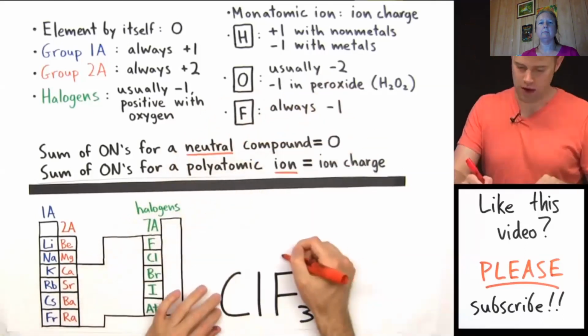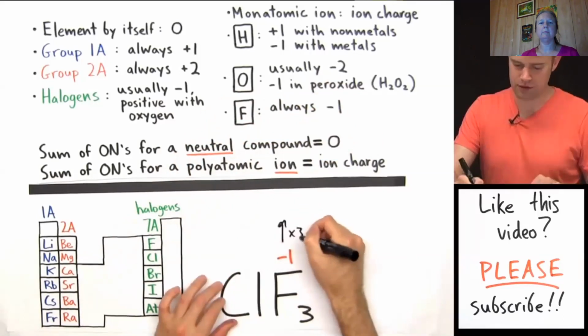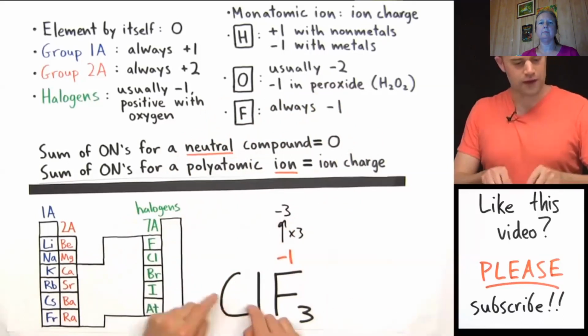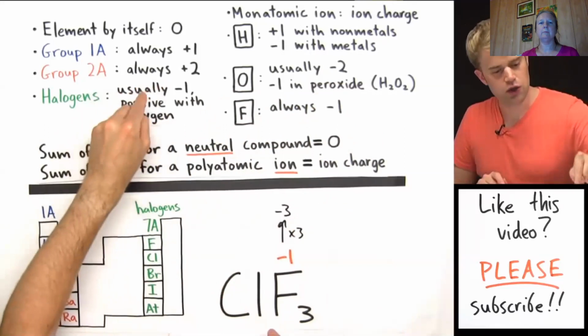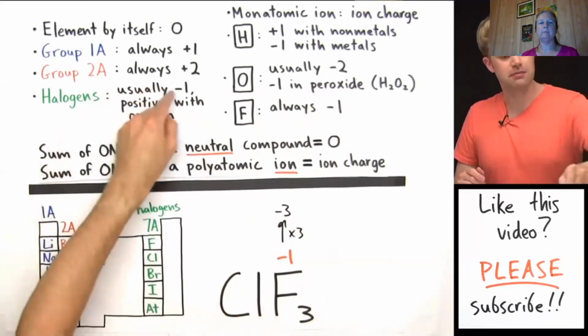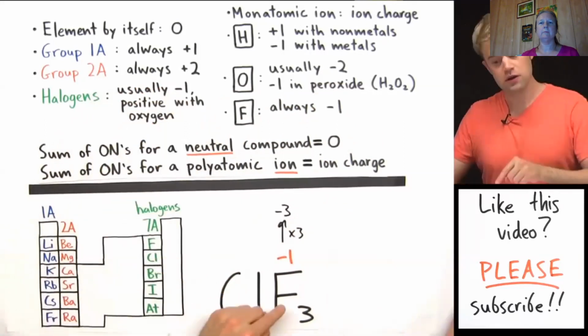So I'm going to put a -1 right there, multiply it by 3 because I have 3 of them, and get -3. Now chlorine, the other halogen, says that these other halogens are usually -1, but not always. They can be positive with oxygen, they can also be positive with fluorine here.